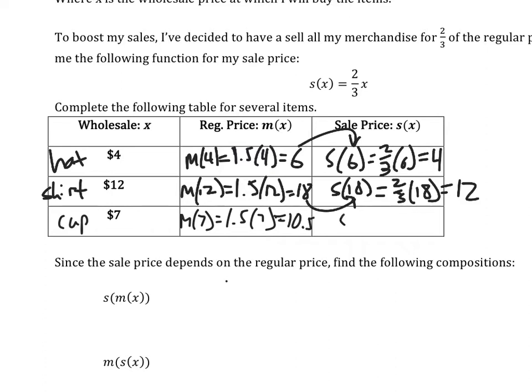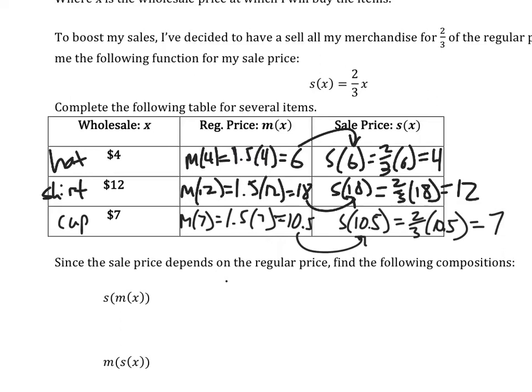Now I have to figure out what to sell it for on my sale today only. So I plug 10.5 into my sale function, and 2/3 of 10.5, you may have guessed it, go plug that in a calculator if you want, is going to be 7.